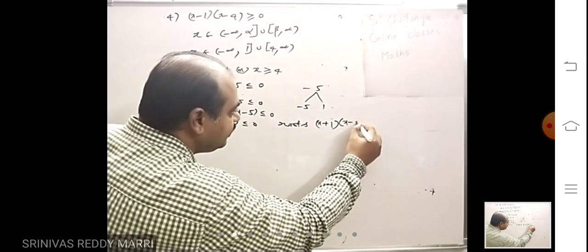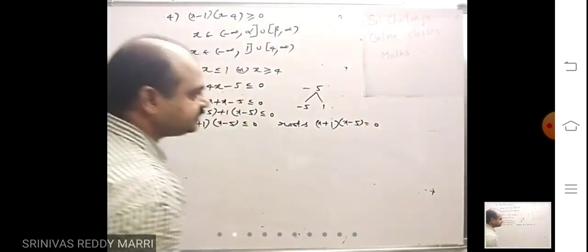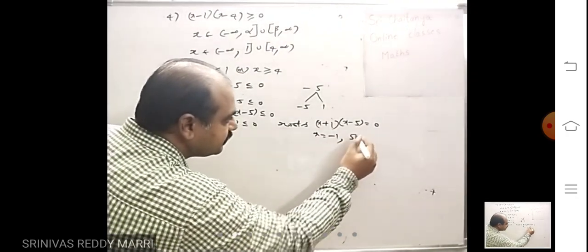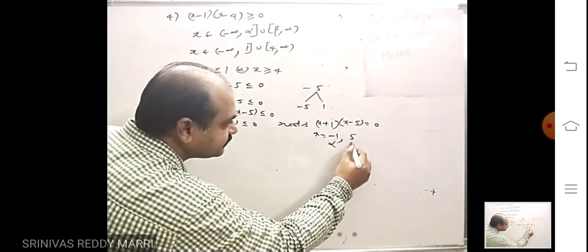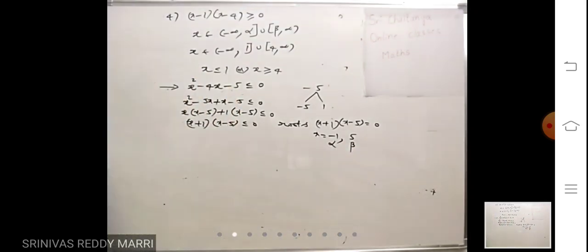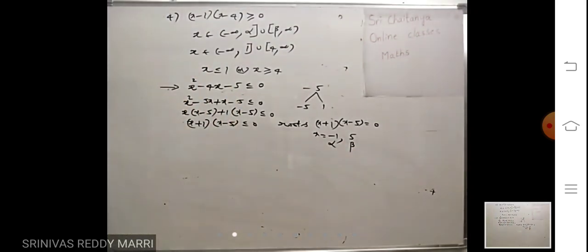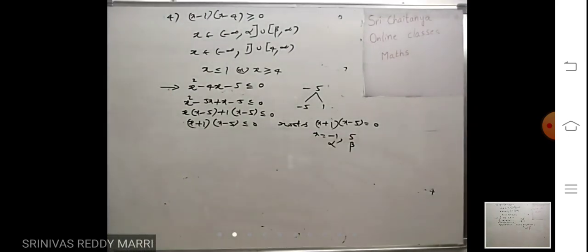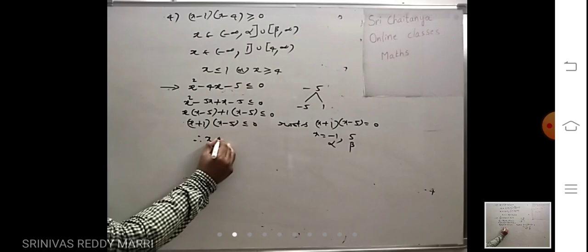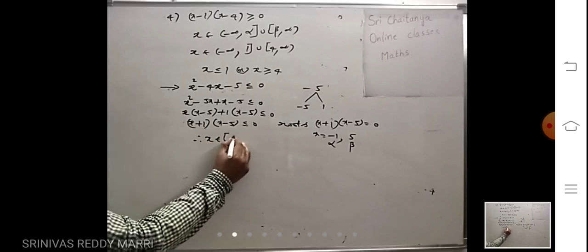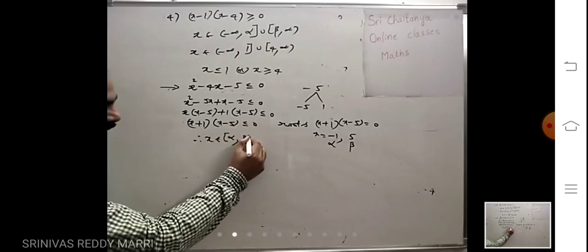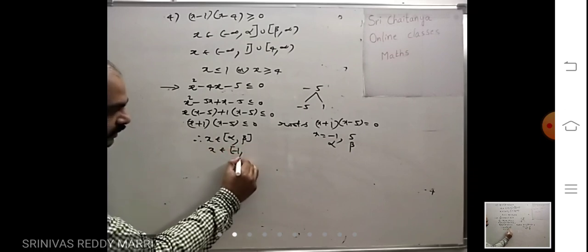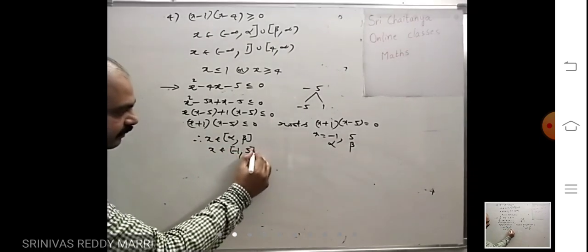Left hand side, equate it to 0. What you will get? Roots. These are nothing but roots, right? This is alpha, smallest one is alpha, biggest one is beta. Smallest root is what? Minus 1, biggest root is what? Beta. Therefore x belongs to, what is the answer? Alpha comma beta. That means x belongs to minus 1 comma 5.